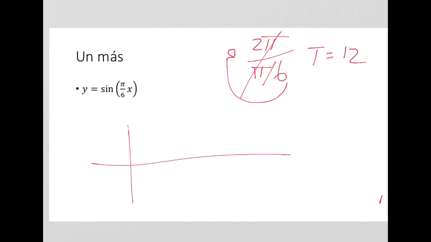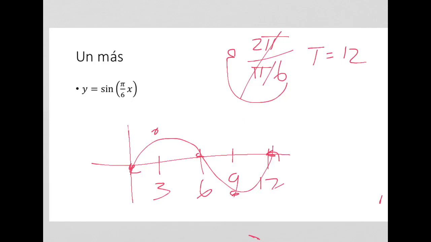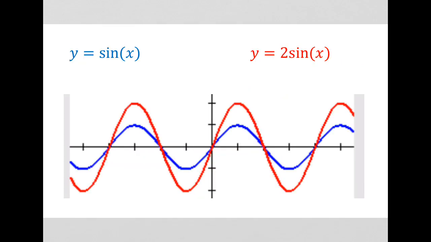So, 12, 6, 3, 9, and plot the points. I'm clearly doing this super quickly because we have a lot to do and I'm really tired. But the ideas are all there. Just make your graphs neater than mine. Okay, so that is your period.